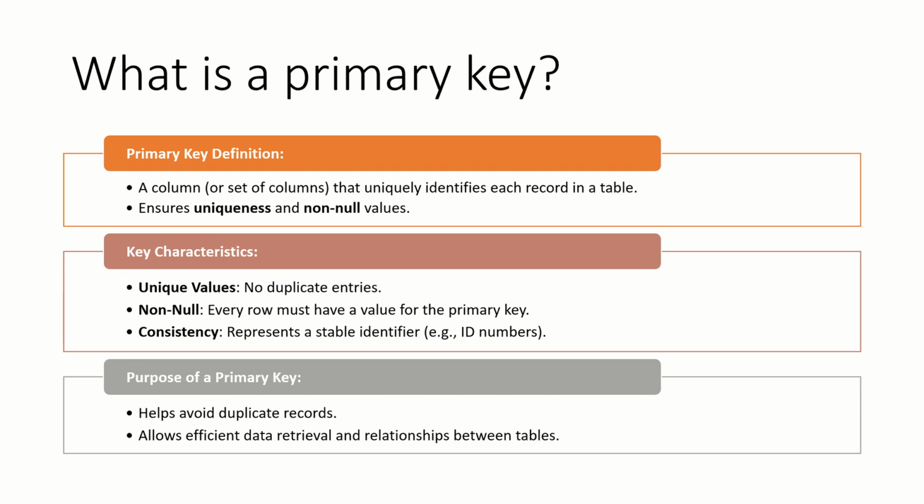So what is the primary key? We consider it one column or a set of columns, that means one attribute or multiple attributes combined together, that can help you uniquely identify each record, that means each row.